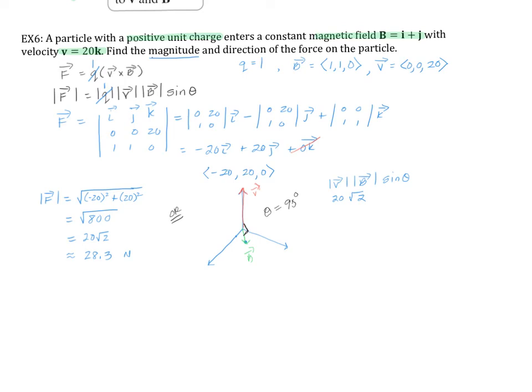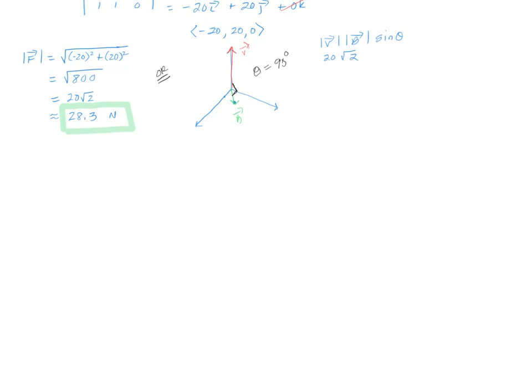The second part of this question said to not only find the magnitude, but the direction of this force vector. All right, so let's look at this being our magnitude, and now let's look at our force vector. To do that, I'm going to just sketch a diagram. My force vector is the vector negative 20, 20, 0.